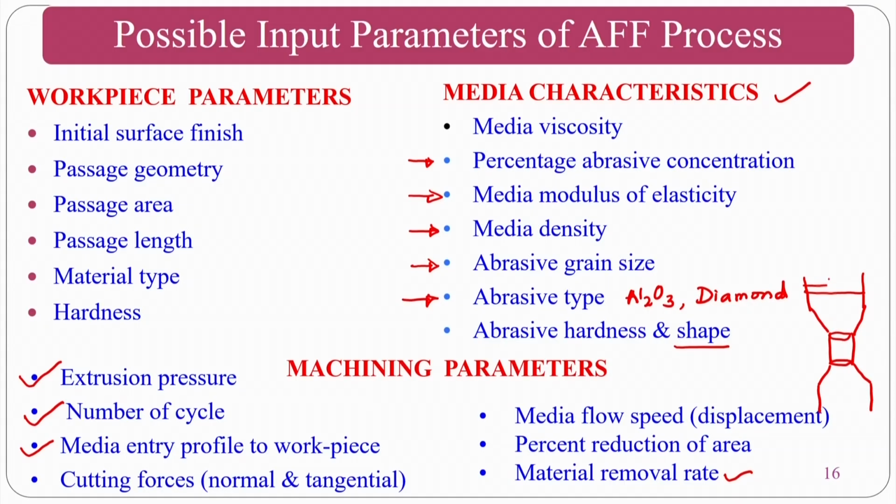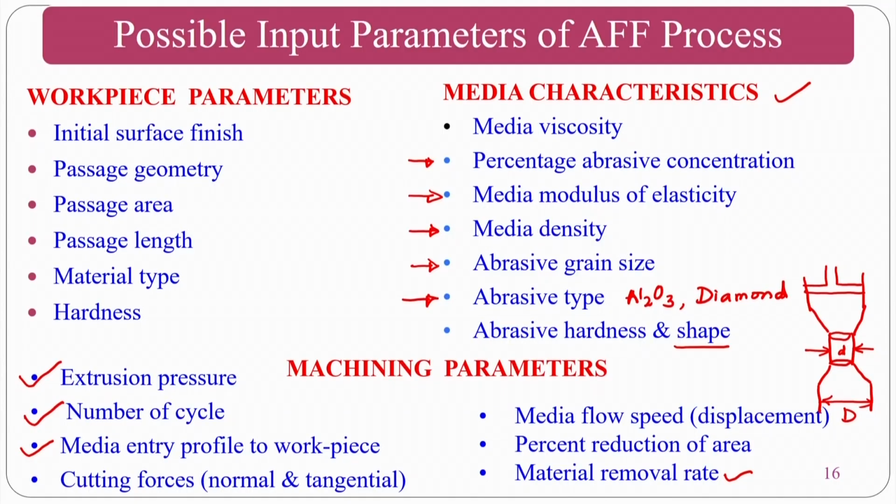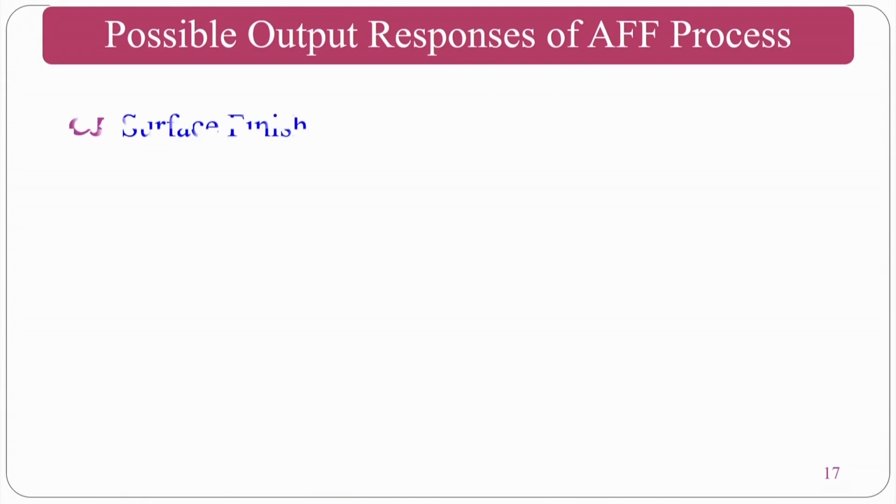So, what I mean to say is that area reduction is the diameter of the workpiece to the diameter of the medium cylinder. This is the medium cylinder diameter, capital D, and this small d will be the diameter of this one. Area reduction normally will be with respect to the workpiece and the medium cylinder. If your medium cylinder is too big, normally you require a very few number of cycles.